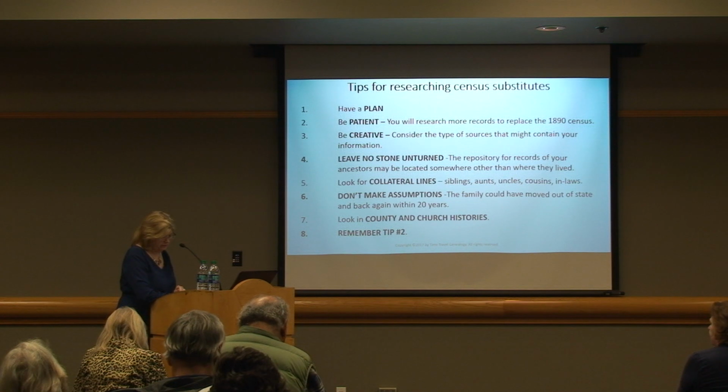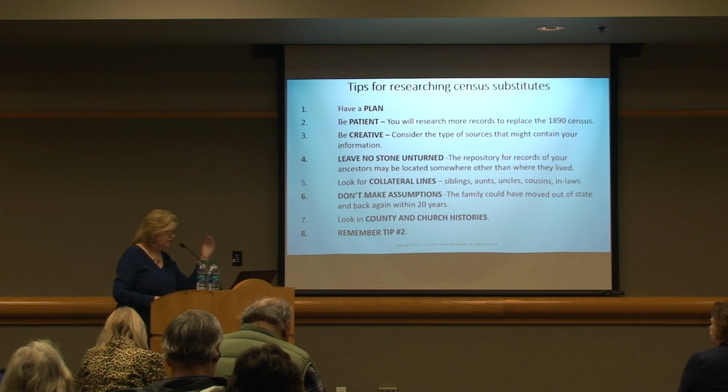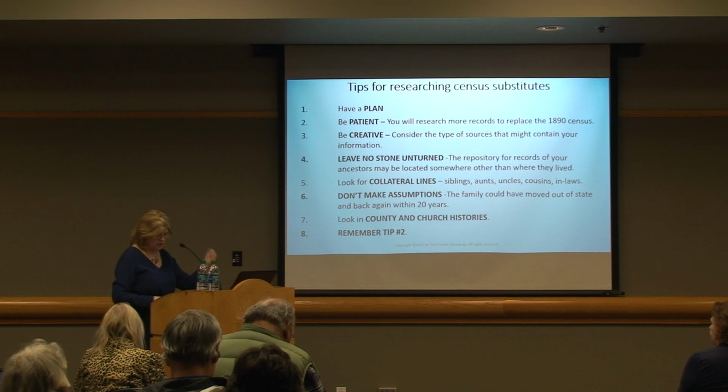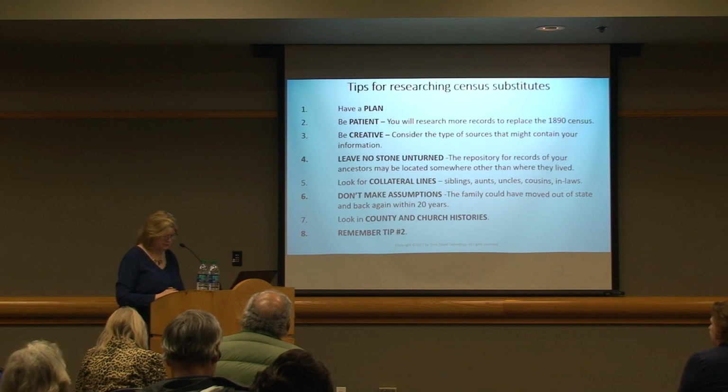Be creative. Consider the type of sources that might have the information you need. We went through a whole bunch of slides where it showed where you can find information about a person's occupation, where you can find information about marital status and so on. So you've got to be creative and think of what sources will have the information that I would have needed for the 1890 census.